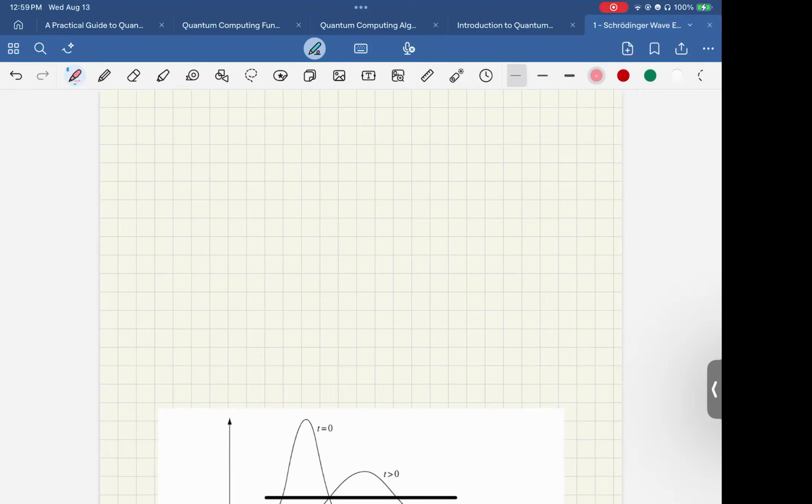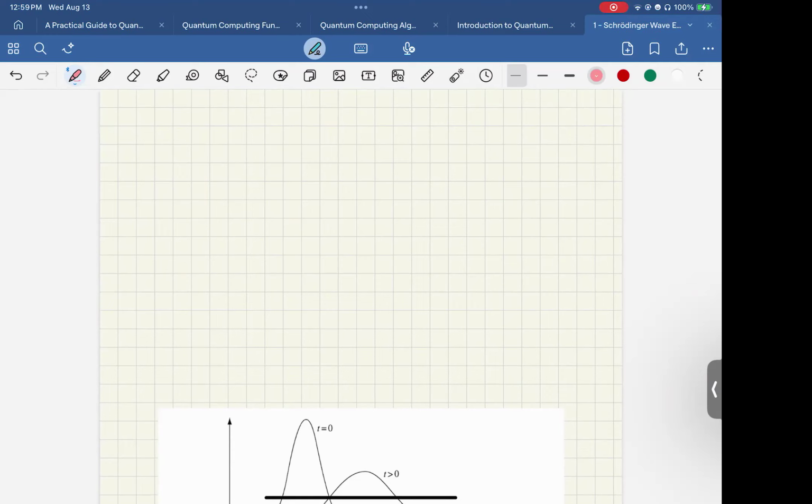Pag nag-apply ka ng photon sa electron, then since you're taking a measurement, yung electron na yun will have some average position. Okay, bakit average position? Bakit hindi exact? Remember in quantum physics, you can't really measure exactly yung position niya.